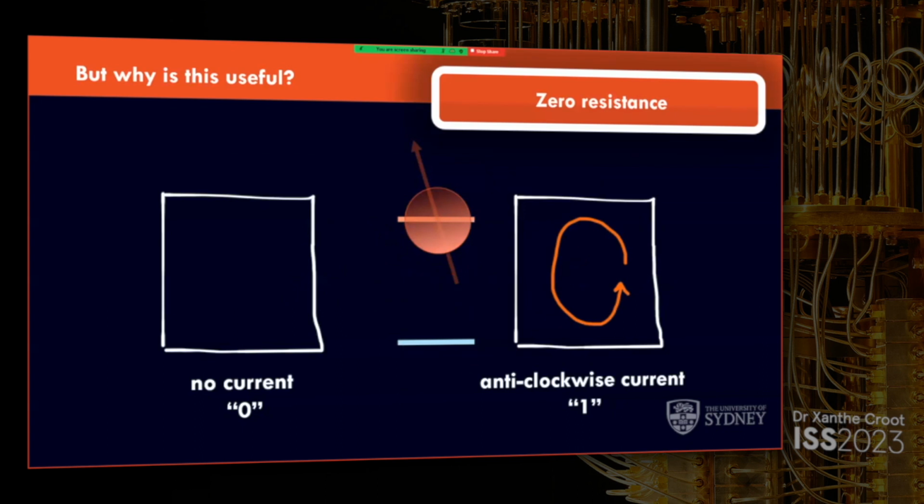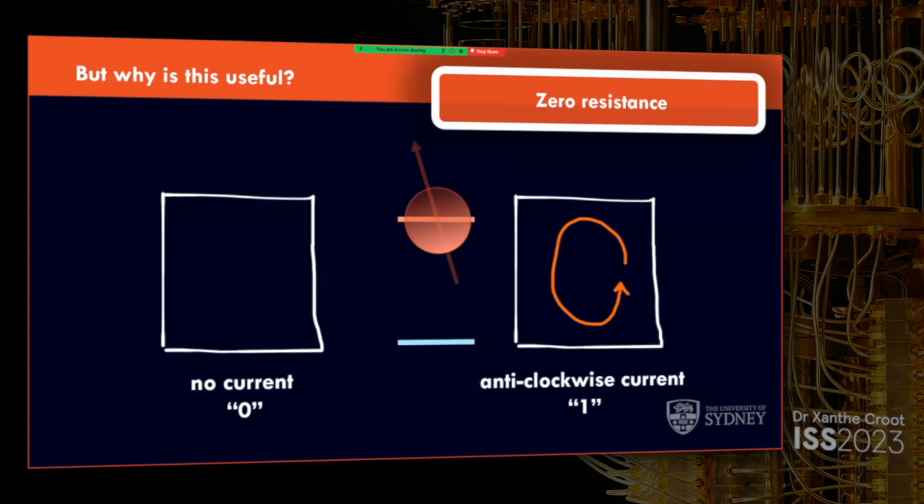What would be really nice is if there was a way of having 0 resistance, which is exactly what we get in a superconductor. So if I have 0 resistance in a circuit, I can set up a current, putting my system in the 1 state, and because there's no resistance, in theory, that current can just circulate indefinitely.